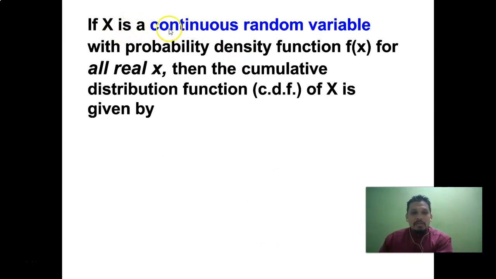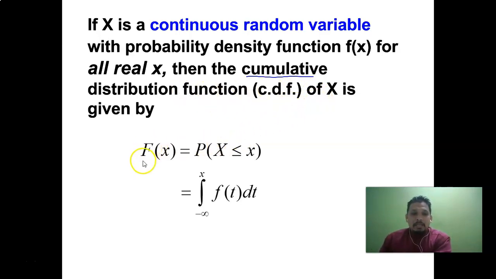So if x is a continuous random variable with a probability density function f(x) for all real x, then the cumulative distribution function of x is given by capital F(x) equal to the integral from negative infinity to any value of x of the function f(t) dt.